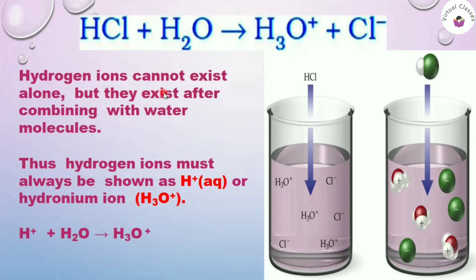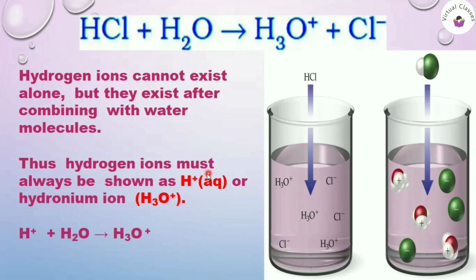The hydrogen ions which are released cannot exist alone, but exist after combining with water molecules. As you can see in the figure, HCl is dissociating into hydrogen ions and chloride ions. Those hydrogen ions are combining with water to form hydronium ions. This is again a molecule of hydrogen chloride dissociating to form chloride anions and hydronium cations.